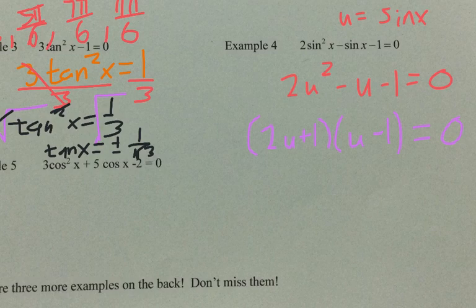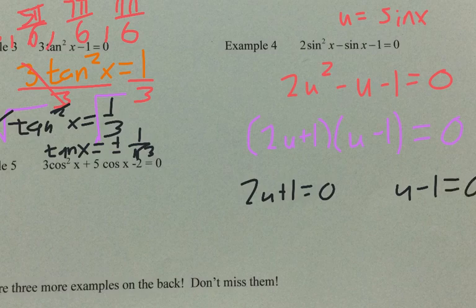So now I could say 2u plus 1 equals 0, u minus 1 equals 0. So this would be u equals negative 1/2, and u equals 1. You okay with that?